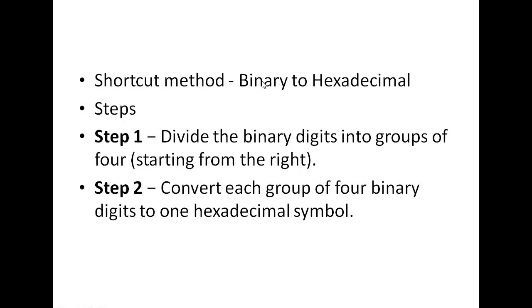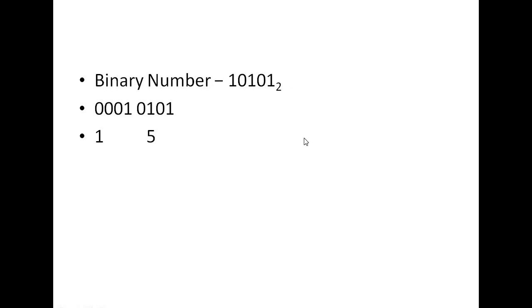Then binary to hexadecimal number. How can I convert binary to hexadecimal number? In case of binary to octal, 3 digits are considered as one group, but binary to hexadecimal means 4. Divide the binary digits into groups of 4, starting from right. Convert each group of 4 binary digits to one hexadecimal symbol. 10101.